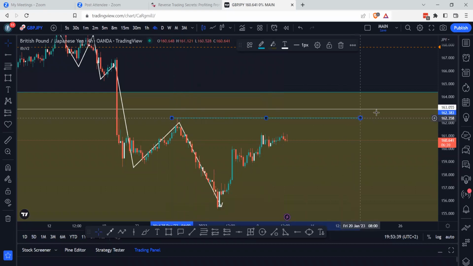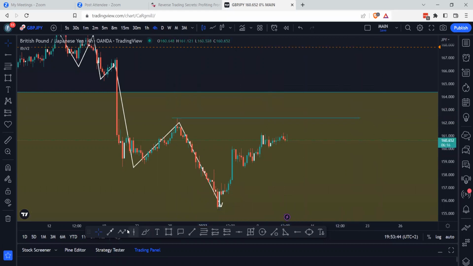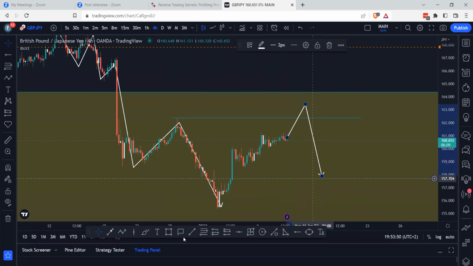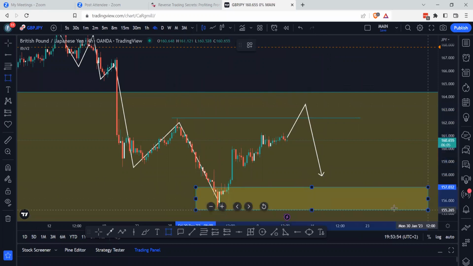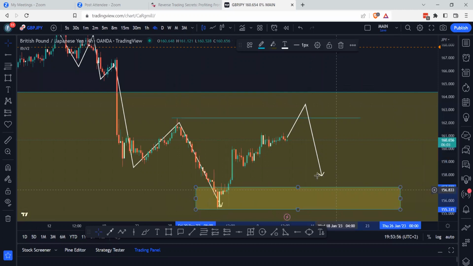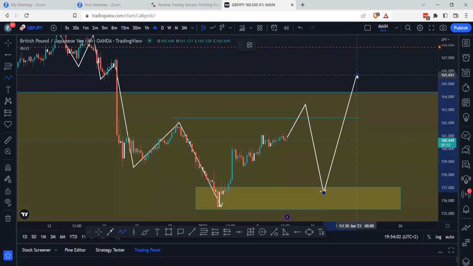Once you see the break of this high, price is approaching this zone right here. Once that break happens, you wait for price to retrace into a block of demand, and then you start looking for buy opportunities.